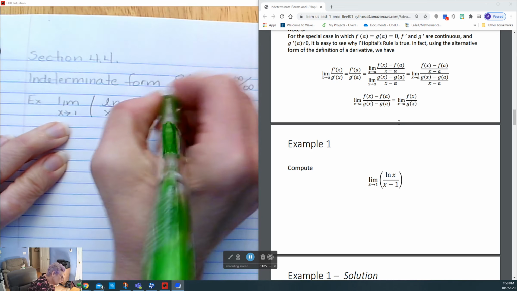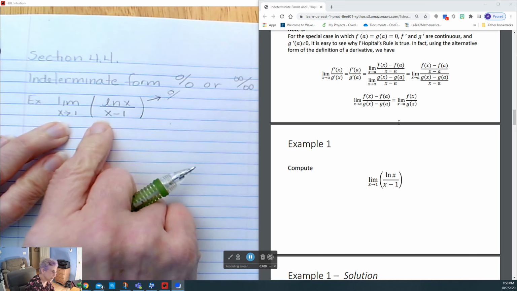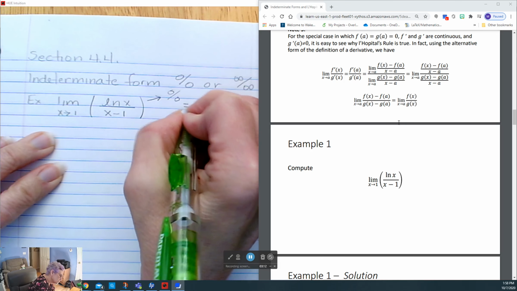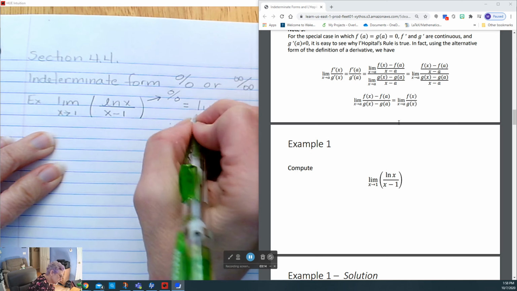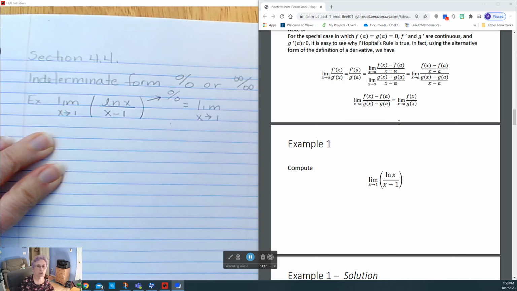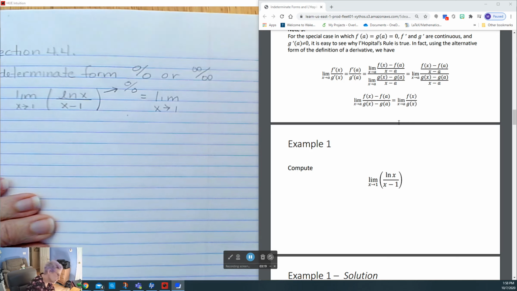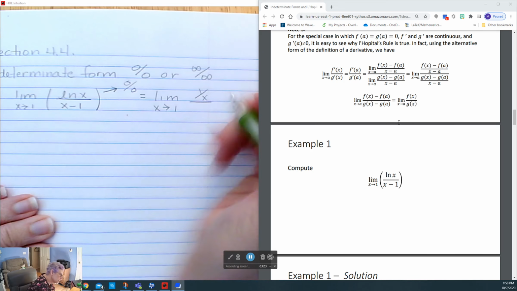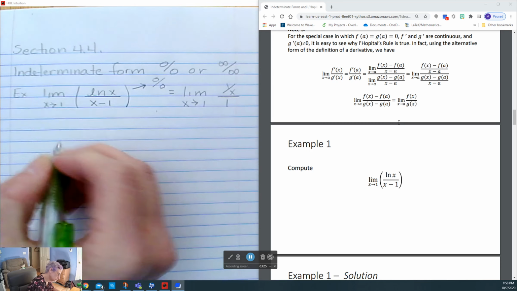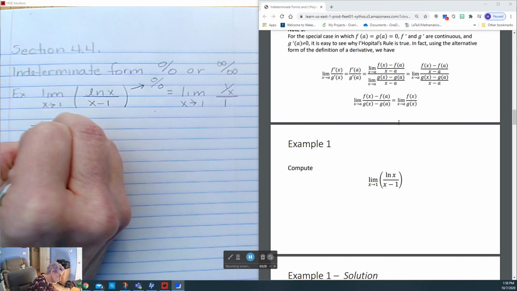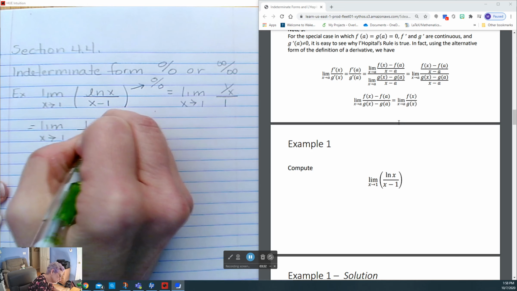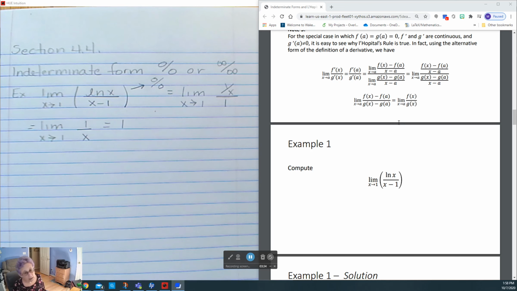Natural log of 1 is equal to 0, and 1 minus 1 is equal to 0. Then I just write equals the limit as x approaches 1. I take the derivative of the numerator and the derivative of the denominator. Then I have something I can plug and chug.